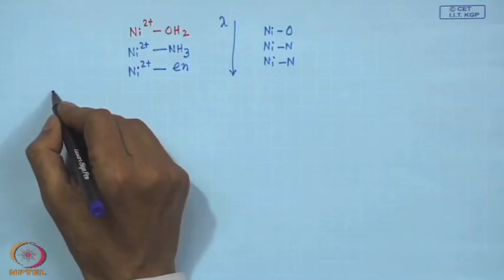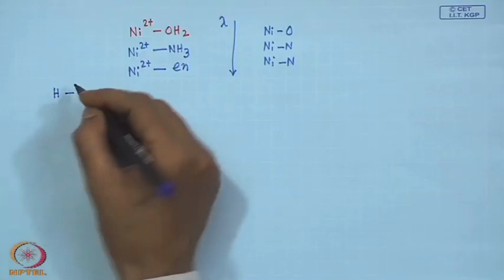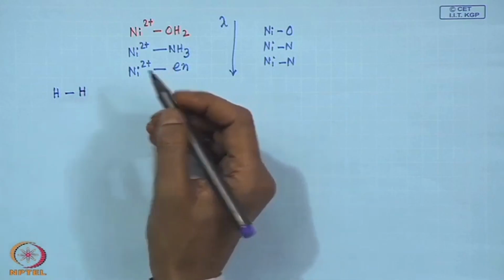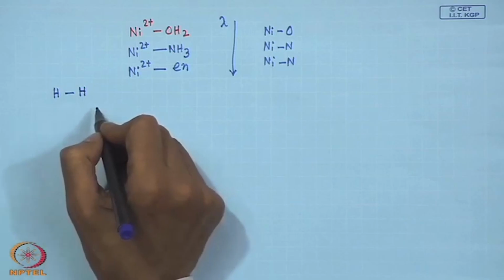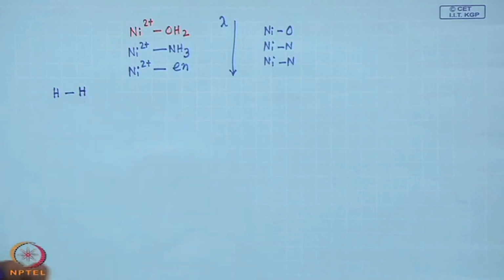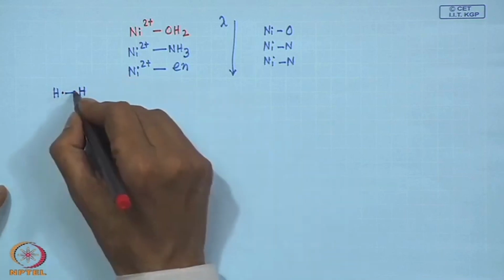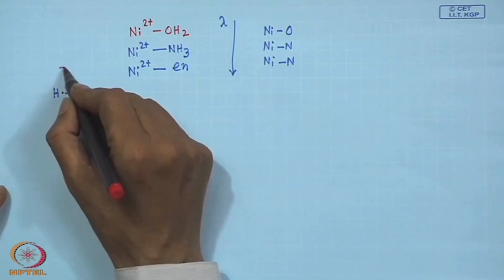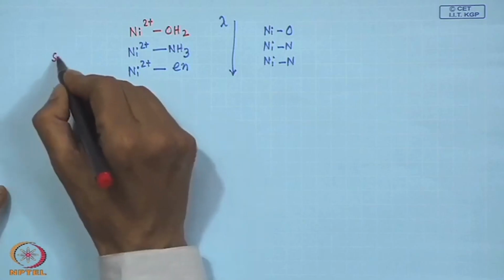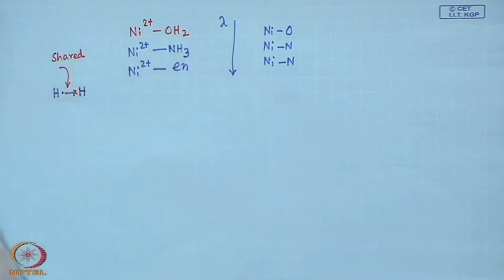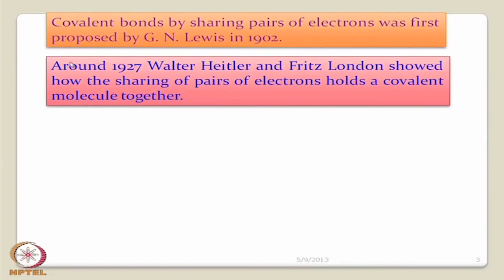Before the advent of quantum mechanics and any other sophisticated theory, this aspect of the formation of the covalent bond in the hydrogen molecule was also proposed. That hydrogen bond formation can be conceived as one electron from this hydrogen and a second electron from this hydrogen, and both these two electrons are shared. So this was the proposal from Lewis for electron pair sharing between two atoms for a covalent bond.